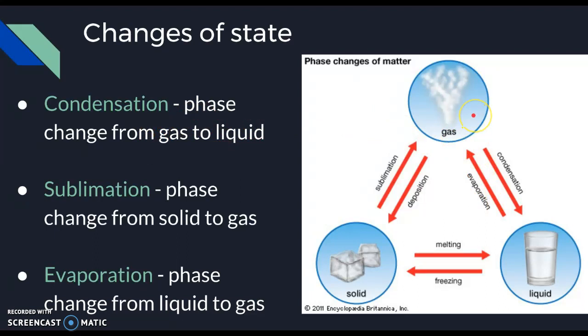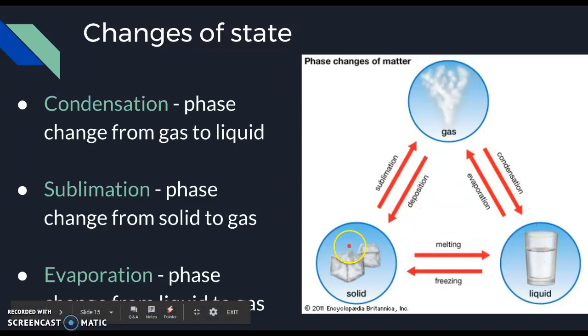I'd maybe not necessarily fit the word to it, but when a gas becomes a liquid, think about on a hot day with a cold drink, and on the outside of your cup, liquid starts to form. What's happening is the gas that's in the air cools down and sticks to the side of your cup and becomes a liquid because the temperature was low enough for it to become a liquid.